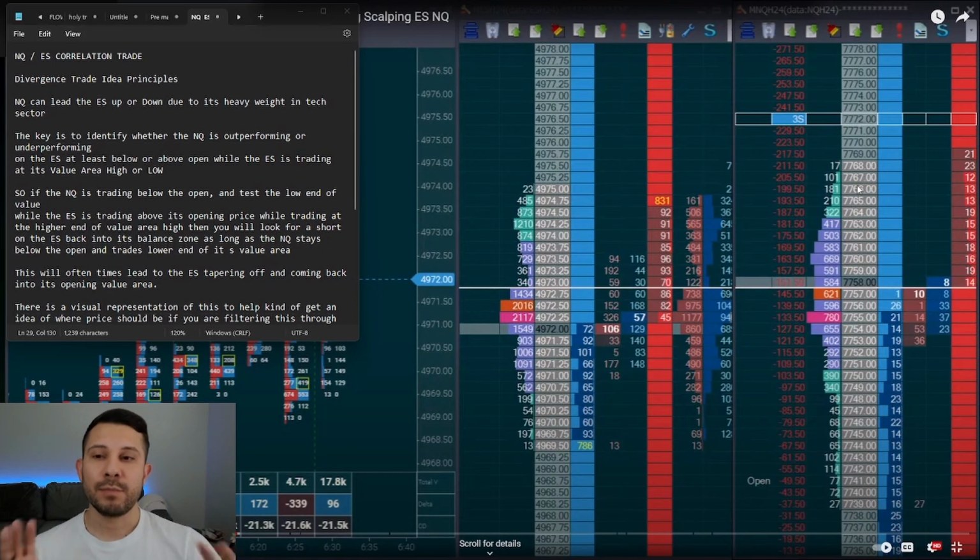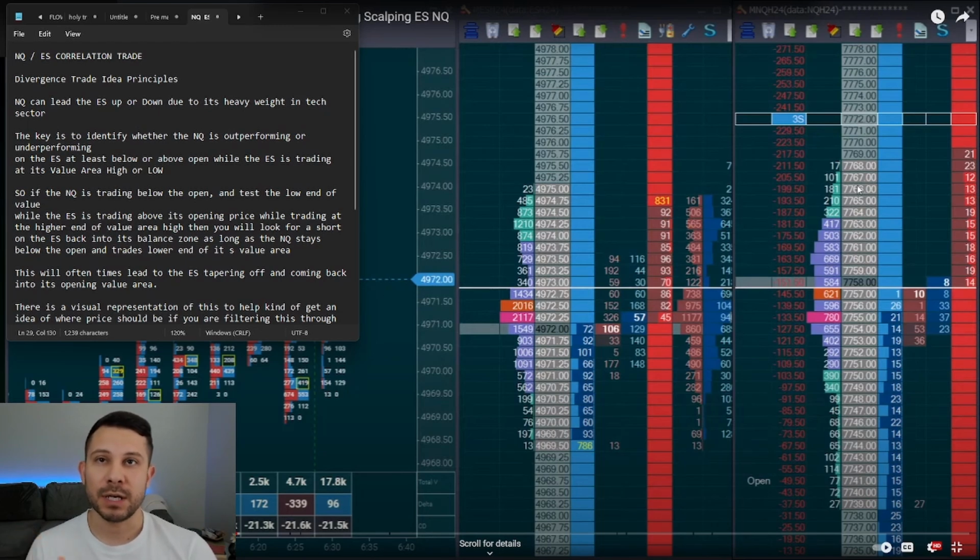We're going to start with the very principal ideas of this trade and why it works, not every time. No trade actually works 100% of the time, but there are parameters or principles to follow in order to identify this opportunity. We have to understand the NQ can lead the ES, up or down.